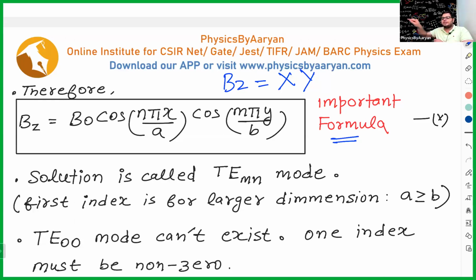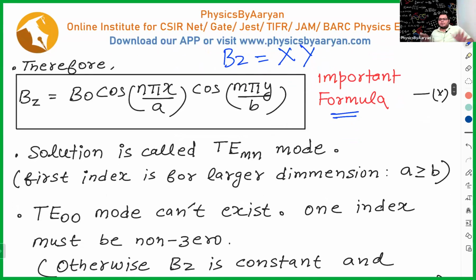So if the wave is going along z-axis, then there are two longitudinal components. One is for electric field, Ez, and another is for magnetic field, Bz. Then we wrote four equations, Bx, By, Ex, Ey. And we said that if you know Ez and Bz, you know all other four, Ex, Ey, Bx, By, and so on. So our entire purpose is to find Ez and Bz.